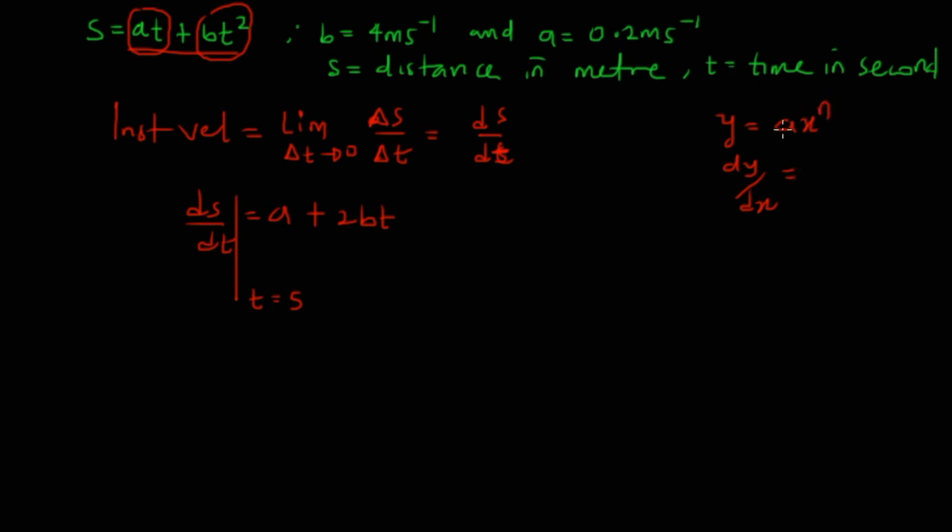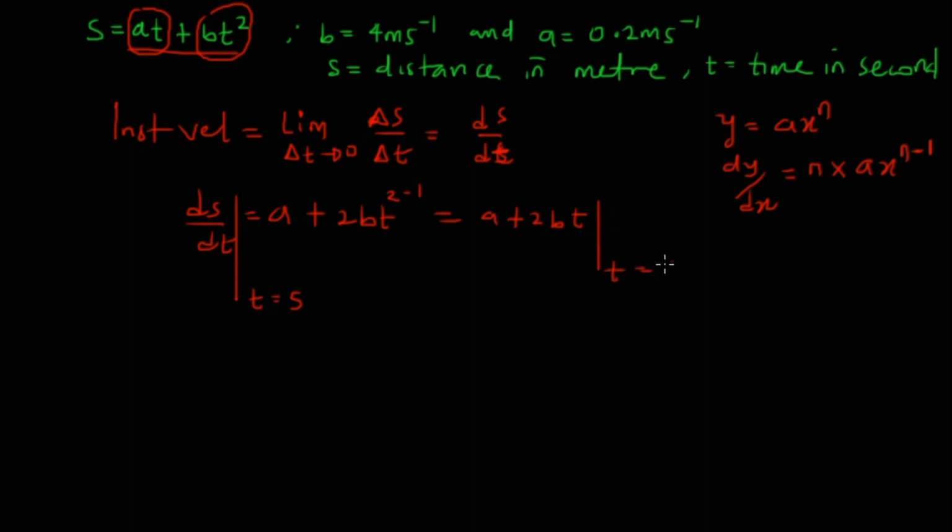You bring down the n, multiply it with ax, then you subtract 1 from the power. So you bring down the old power, then you subtract 1 from the old power to form a new power. I have just done the same thing here: I brought down 2 and subtracted 1 from the power, which is 2 minus 1, so that eventually we'll have a plus 2bt.